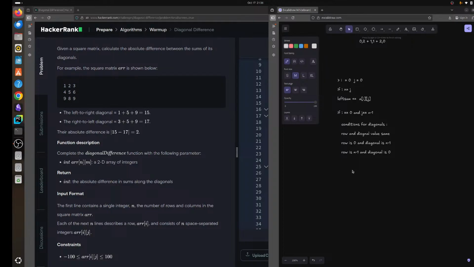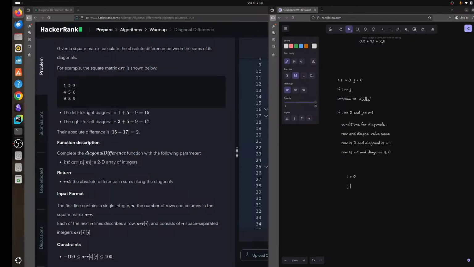Let me recall what I'm thinking: row and diagonal same, or row is 0 and diagonal is n minus 1. Suppose i equals 0.